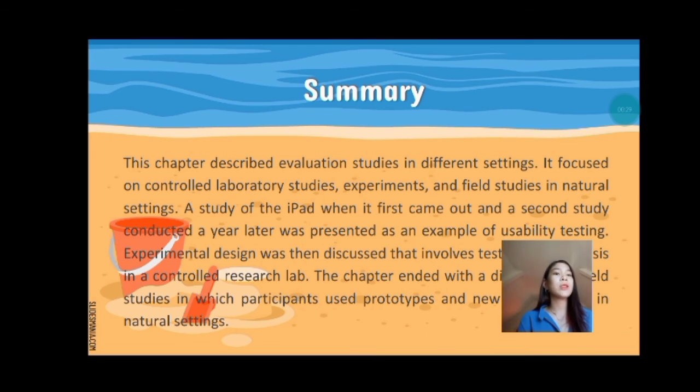Experimental design was discussed, which involved testing of hypotheses in a controlled research lab. The chapter ended with a discussion of field studies in which participants used prototypes and new technologies in natural settings.